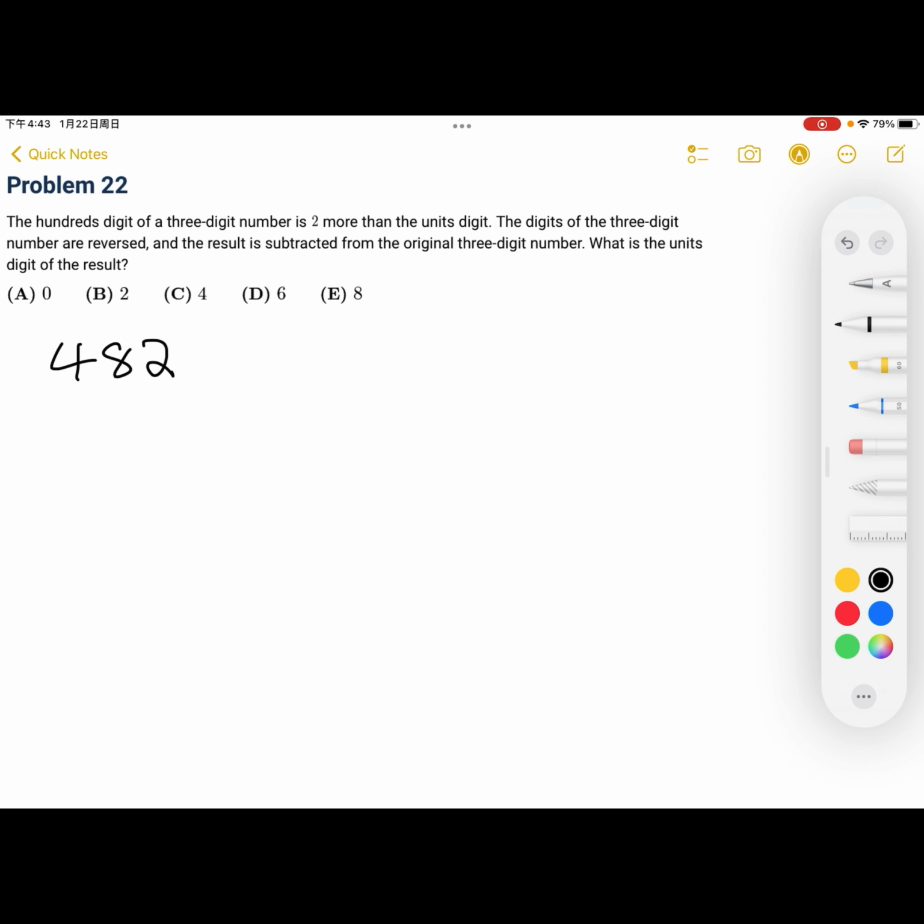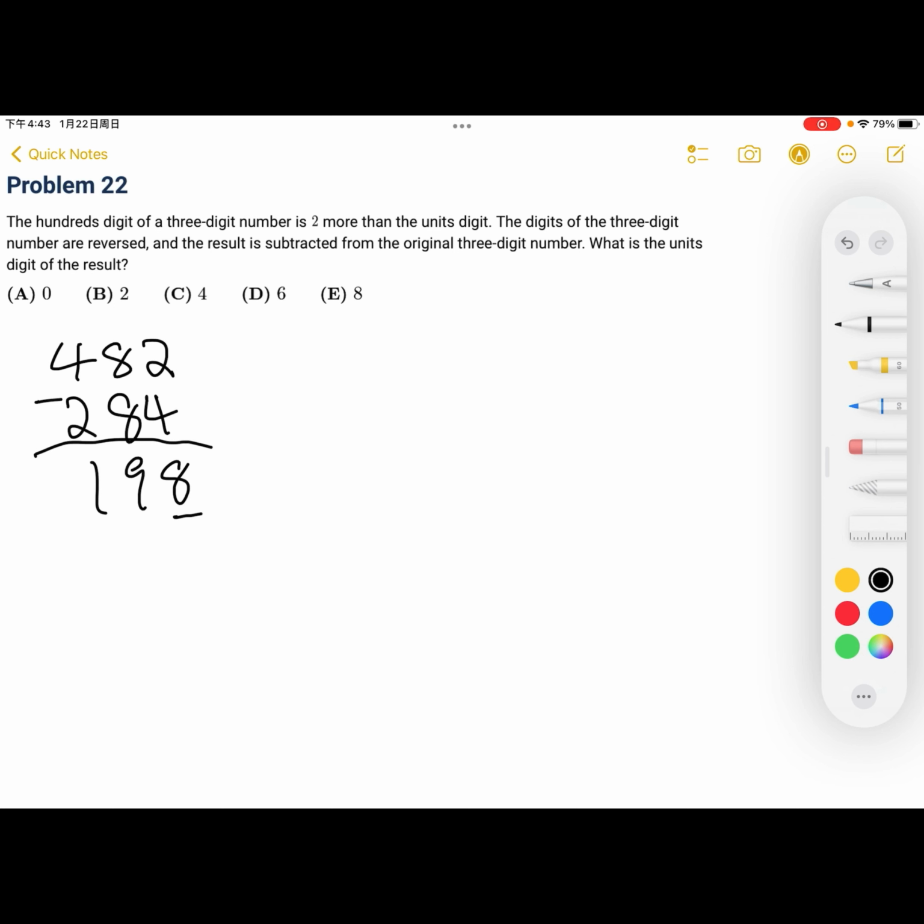So now the digits are reversed, 284, and they are subtracted. So we'll do some quick subtracting. We get that our units digit is 8.